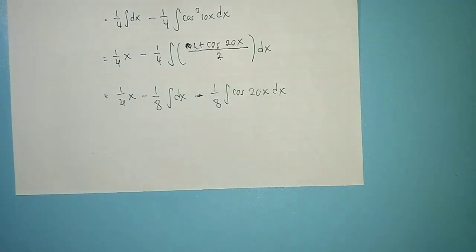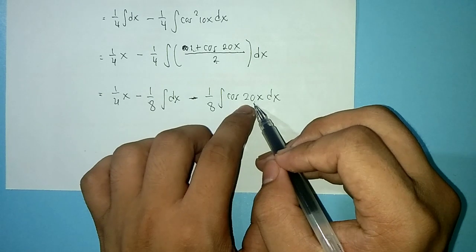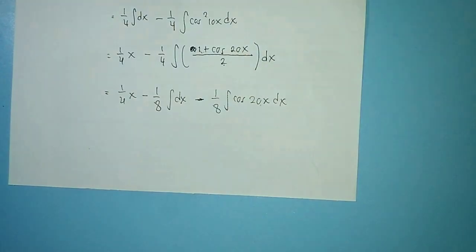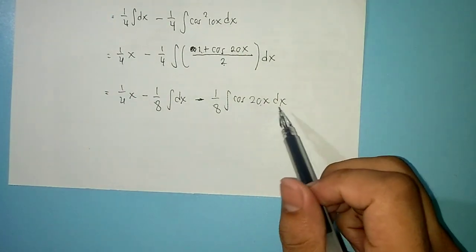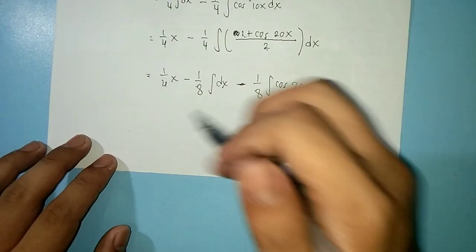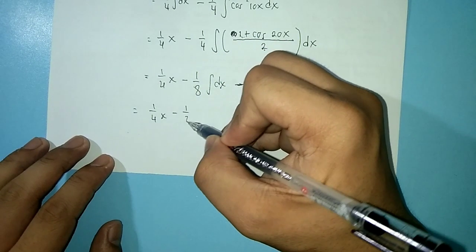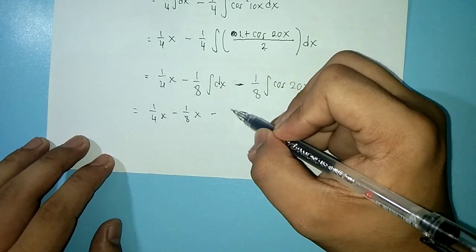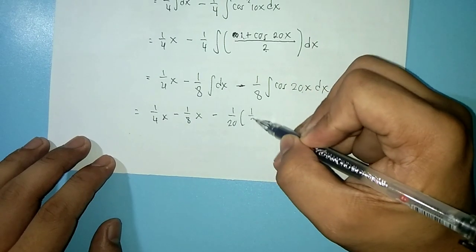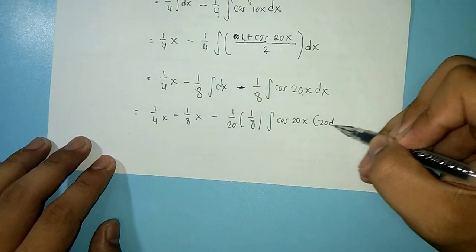Okay? So dito, ang u natin dito ay 20x, ang du ay 20 dx. So kailangan natin ng 20, so maglalagay tayo ng 1 over 20 sa labas. So magiging 1/4 x minus 1 over 8x minus 1 over 20, 1 over 8, cosine 20x, 20 dx.